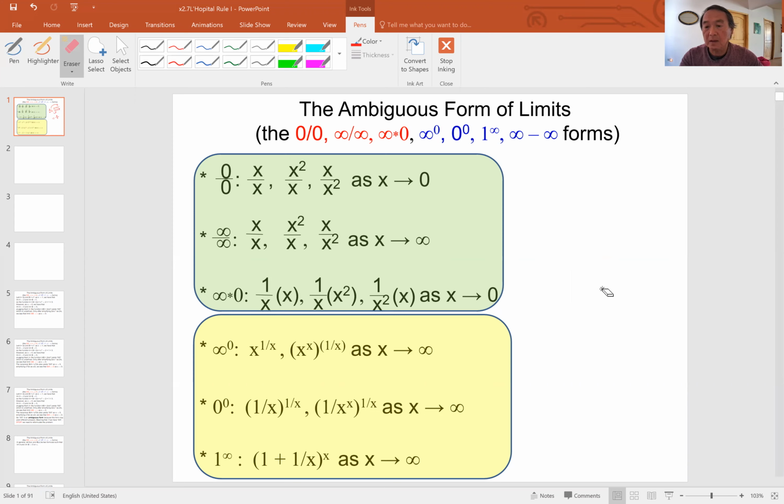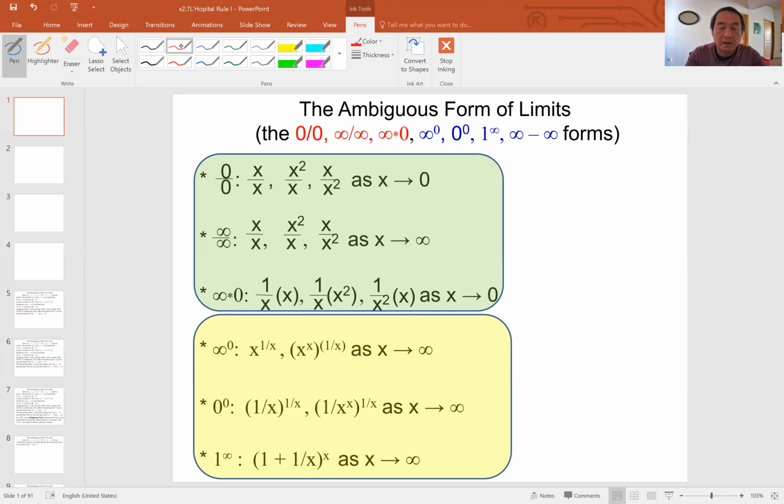Where do the problems come in? Well, it depends on the form of the questions. In particular, there are two forms: the fractional form, shaded in green, and then these exponential forms that cause problems. It is somewhat more difficult to tell how to find the limits.